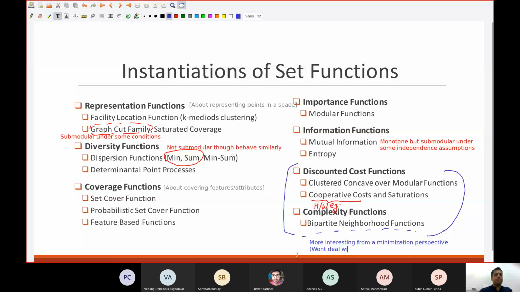Okay, but we'll nevertheless talk about these functions. Okay, so let's look at minimization.